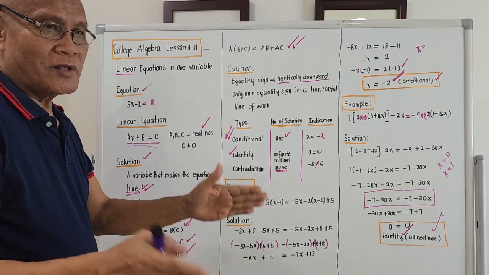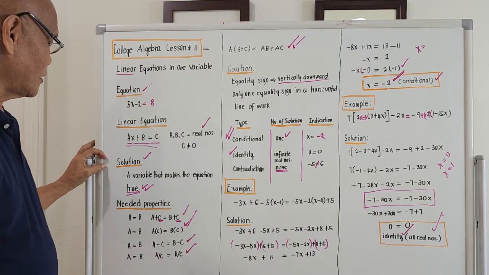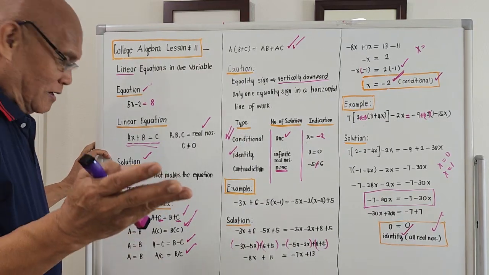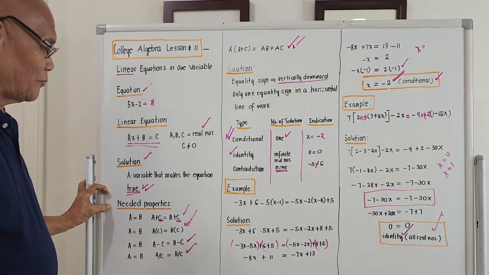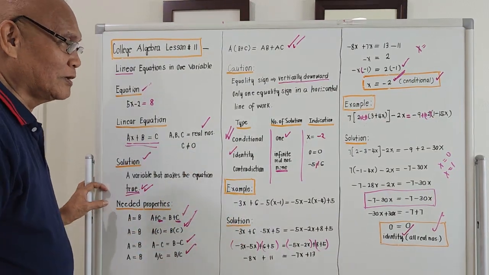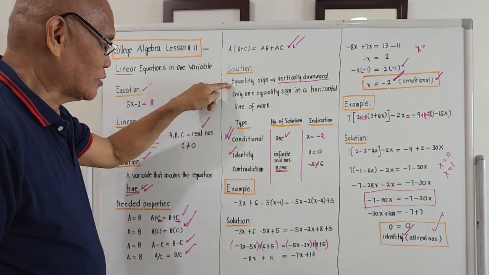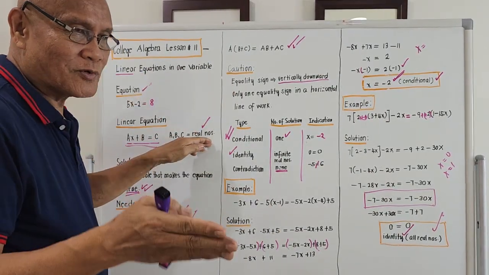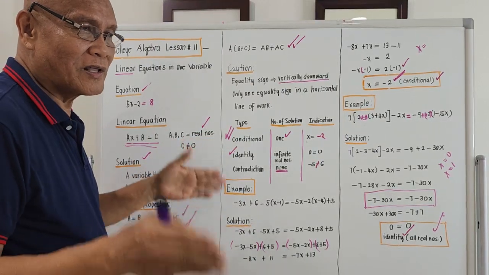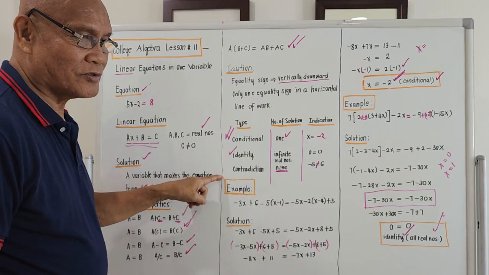At least we now know what an equation is, what a linear equation is, what a solution of a linear equation is, what properties are needed to bring out the solution, what the procedure is in solving a linear equation, and what types of linear equations are involved. There are three: conditional, identity, and contradiction.